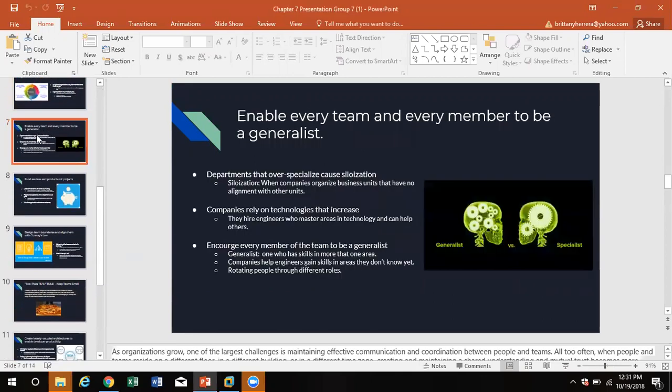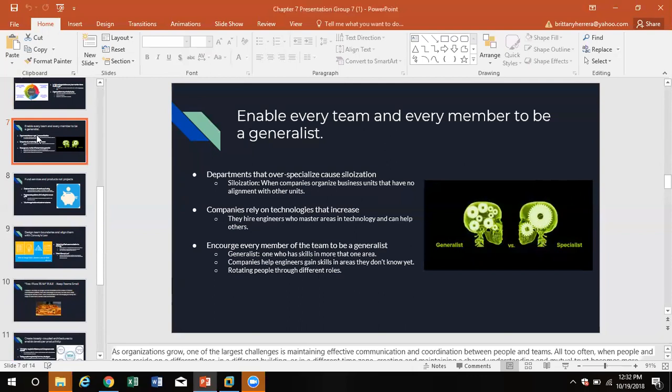We want every team member to be a generalist. As mentioned earlier, it's nice to have a specialty or an expertise, but if you can see the generalist in that picture, they have lots of little ideas about several things, and then maybe a specialist has a really awesome idea about one or two things. Departments can actually use the generalists more throughout the company.